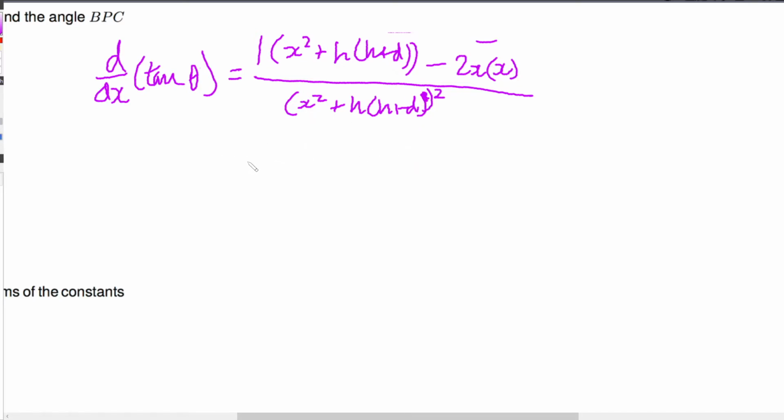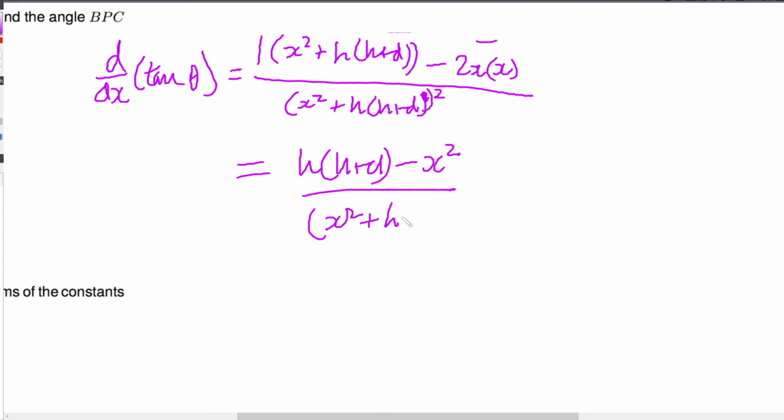So d by dx tan theta is h times h plus d minus x squared over x squared plus h times h plus d squared. Then what do we do now? We want d theta by dx.